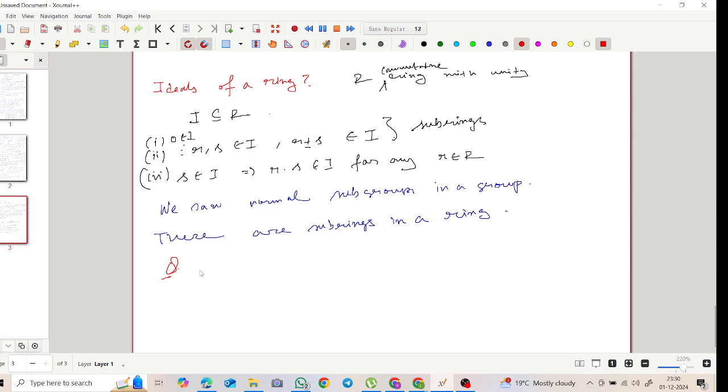Question: why do we need ideals? Anyone? Why do we need the notion of an ideal?